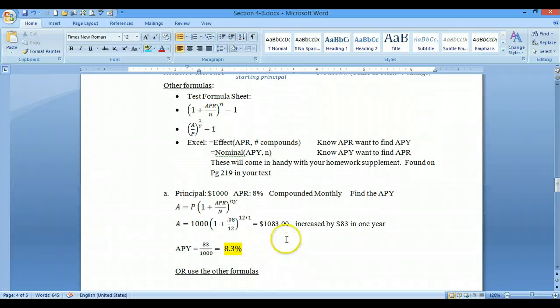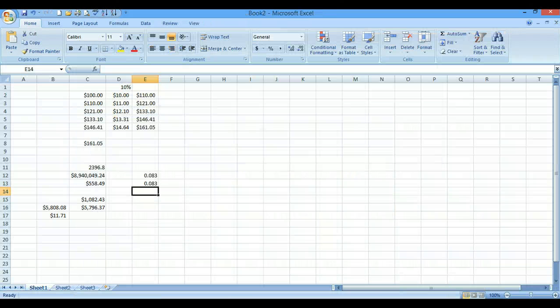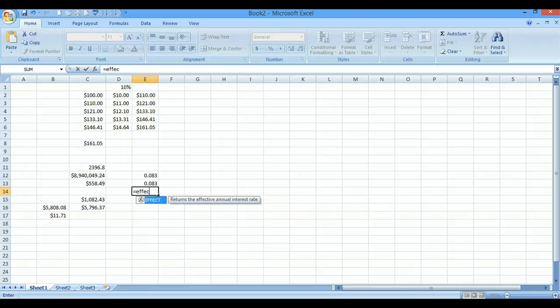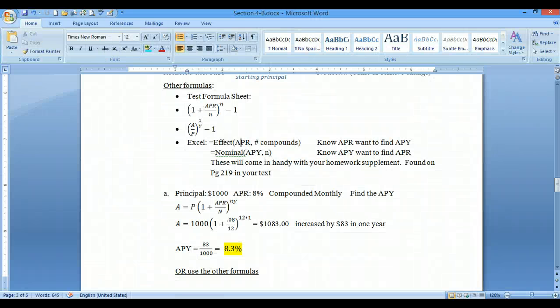Now, which one do we use in Excel? Effective yield or nominal yield? I want to find the APY or find the APR. This one is finding the APY, so I'm going to use the effective. So come into Excel, type in equals and do effect and parenthesis. It's asking for the nominal rate or the APR, which was, let's go find it, 8%.